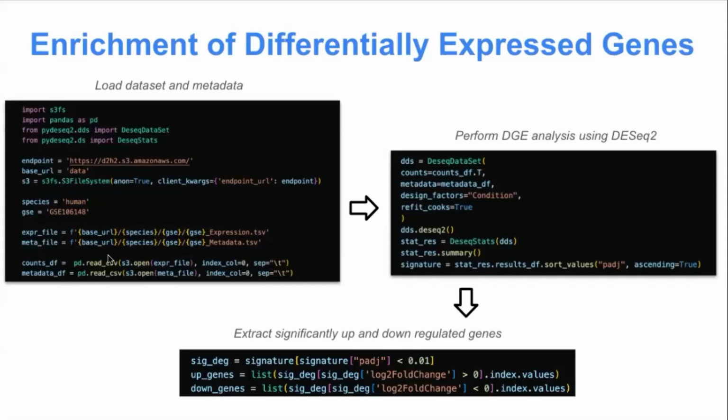After opening this particular file given by this path, we then load it into a pandas data frame using pd.read_csv. So now we have a counts data frame, which contains the counts for the study, and the metadata data frame, which contains the sample metadata.